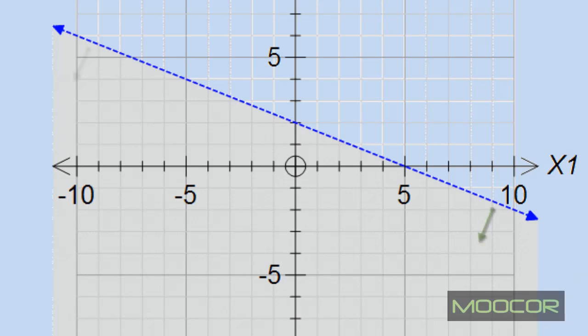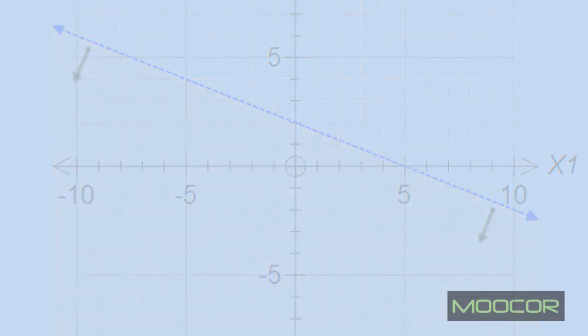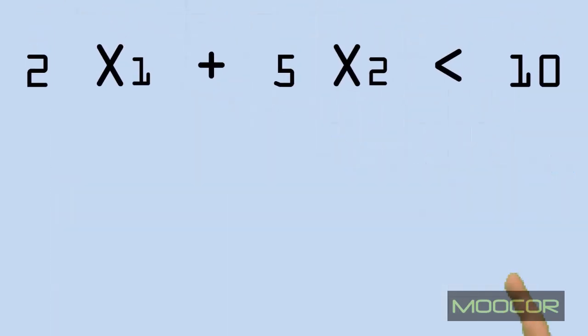To identify that, we usually use arrows at both ends of the line that we have drawn to represent where the solution is. So that's what those little arrows that you see on two ends of the line represent. So what if instead of just a less than sign, I had a less than or equal sign? What would happen then?